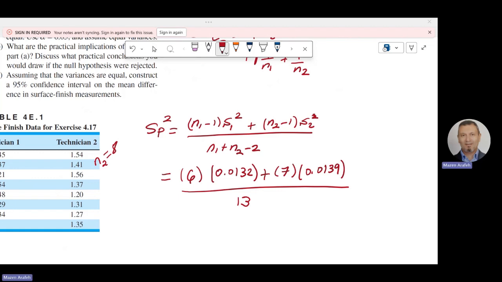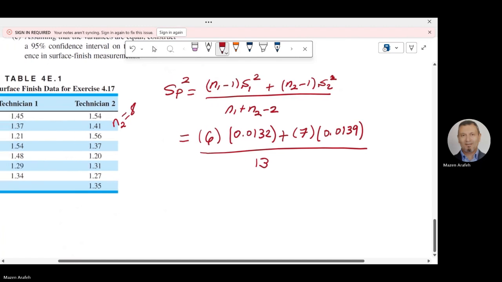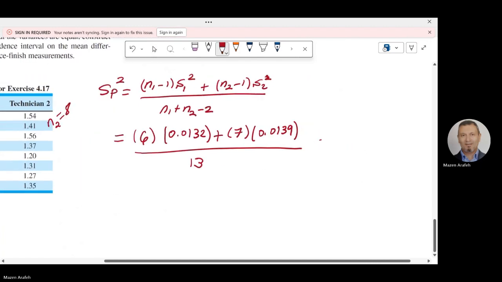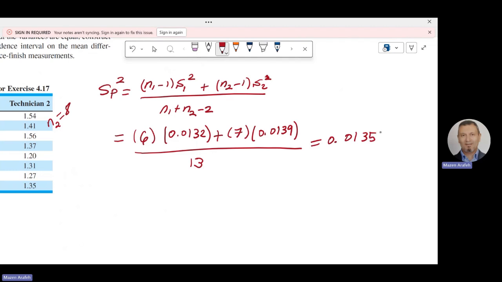So this is equal to 0.01357. Now to find the pooled standard deviation, I simply take the root of 0.01357, which is equal to 0.1165.